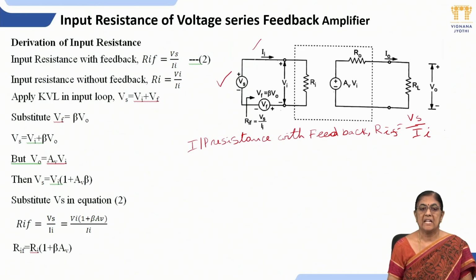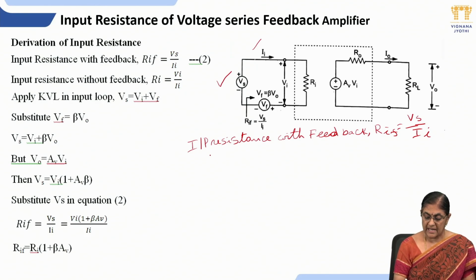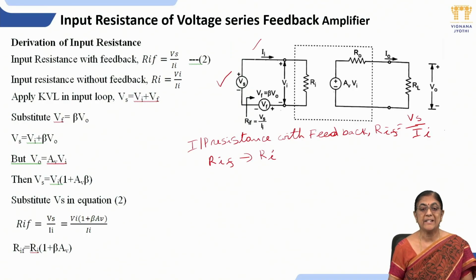Now we have to find out expression for RIF in terms of Ri. What is Ri? Input resistance without feedback. So what is the expression for input resistance without feedback? Ri is equals to Vi by Ii. So remember this point. Derive the expression for RIF in terms of Ri.